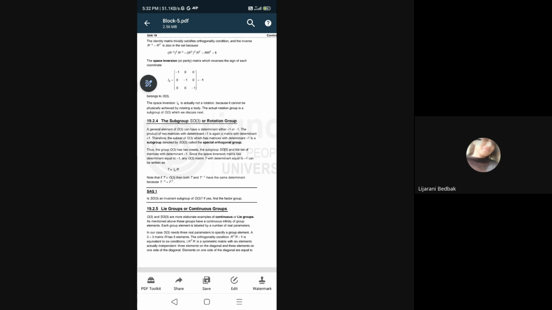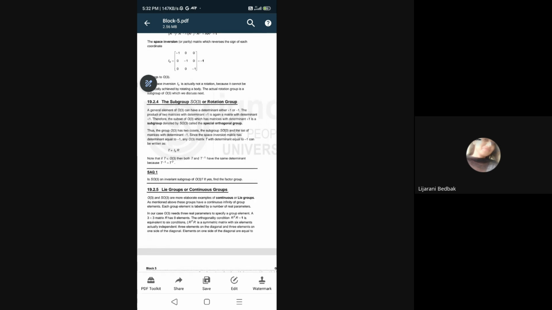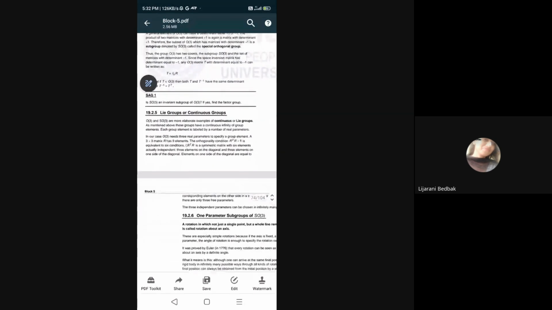So you can note that if T belongs to O3, then both T and T inverse have the same determinant because T inverse is equal to T transpose. And O3 and SO3 are more elaborate examples of continuous or Lie groups. And in our case, O3 needs 3 real parameters to specify a group element.